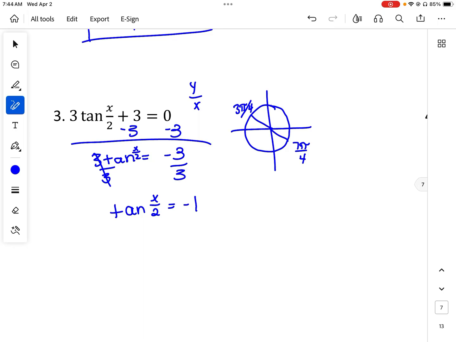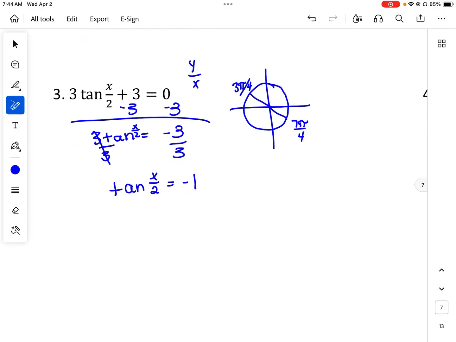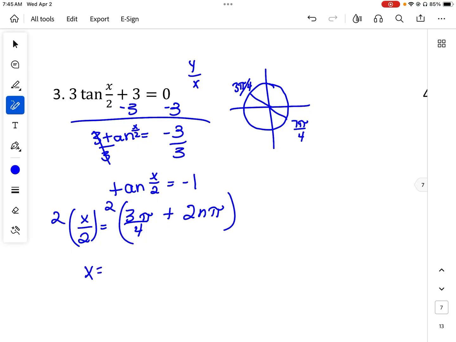These are pi units apart. So there's actually going to be 2 ways that we can write this one because of that. I'm going to start out just by doing what I've been doing. Plus 2 n pi, one revolution. Multiply by 2. That would simplify by 2.